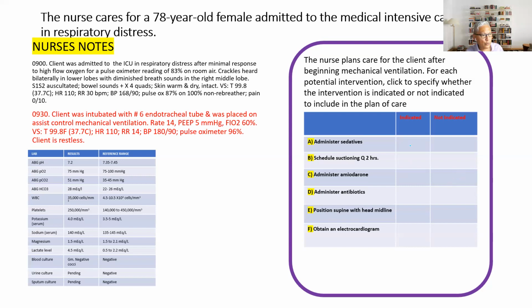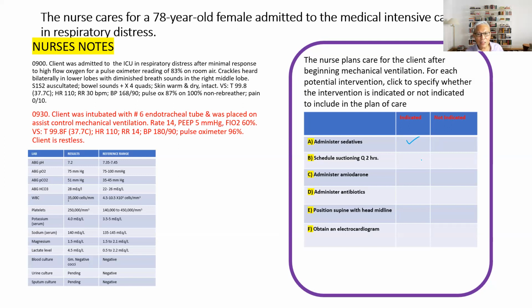Think about when you were taking care of patients and you saw patients in the ICU. Were they awake when they were intubated? You would need this. You remember I said they even paralyze the patient in order to have total control of their ventilation. All right, so this would be indicated.